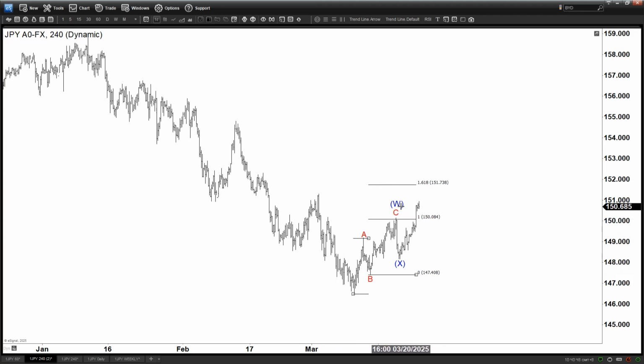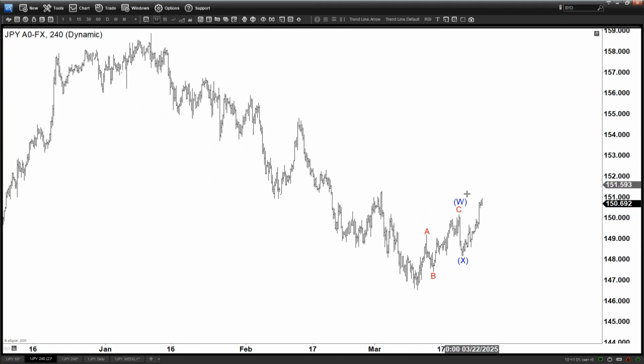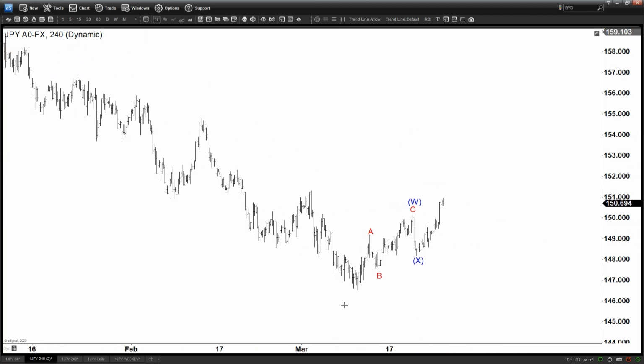Selling off perfectly after 100% without extension to 1.618 or something like that, which typically indicates strength, does suggest the market is not bullish, and most likely it's going to break below this low again at some point, 146.